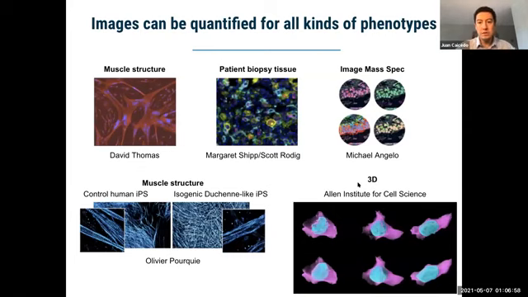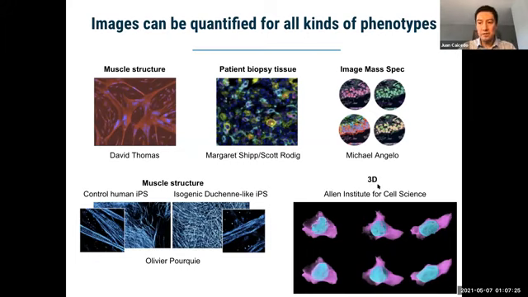So it turns out images, biological images specifically, can be quantified for all types of phenotypes. In this slide, you can see different types of microscopy images, which reveal muscle structure, or maybe the biopsy of patient tissue. And we can use any type of microscopy technique as well, including image mass spectrometry.